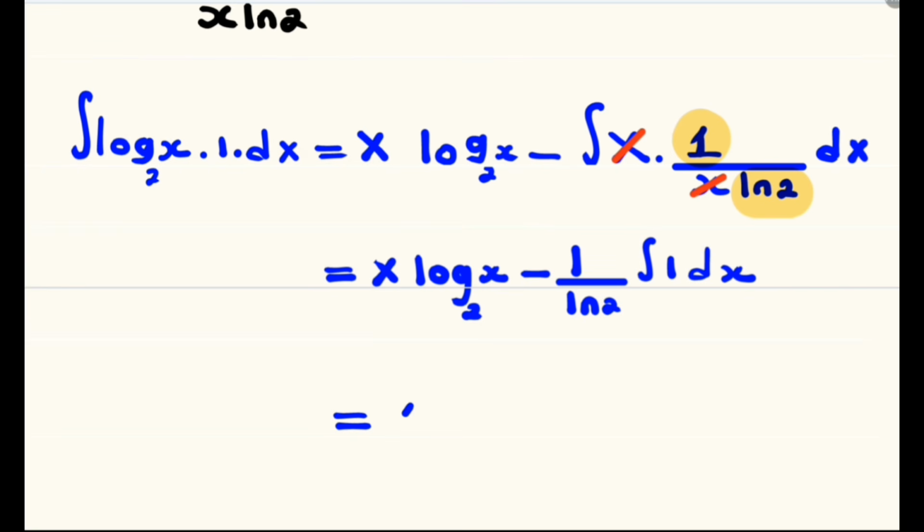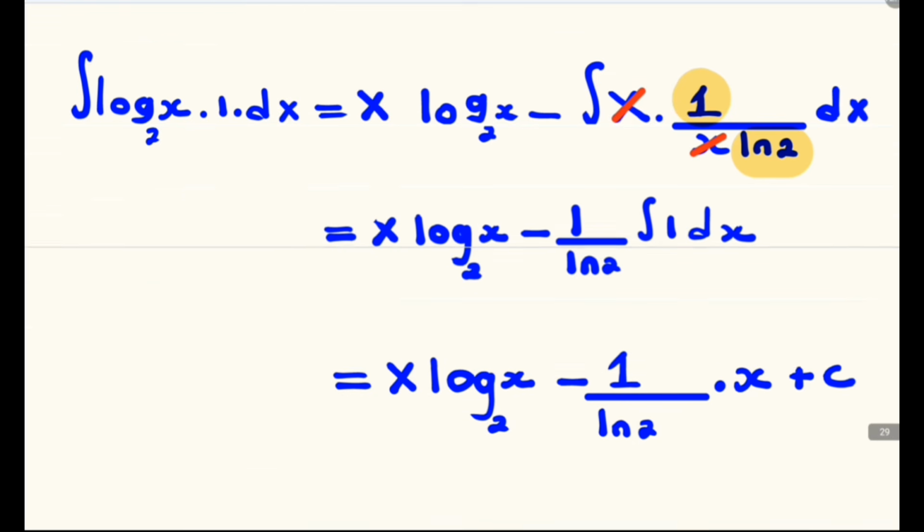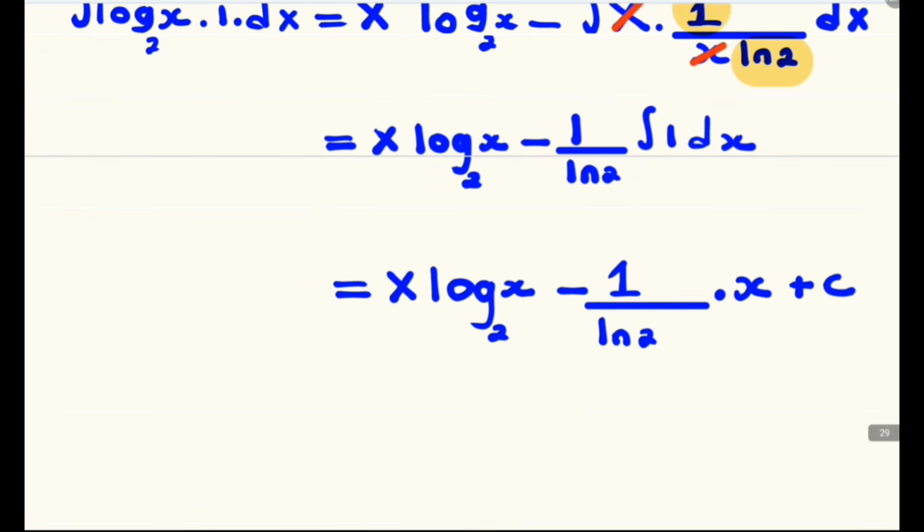And this equals x log base 2 of x minus 1 divided by ln 2 multiplied by the integral of 1. The integral of 1 is equal to x plus our constant c, and this will be our answer.